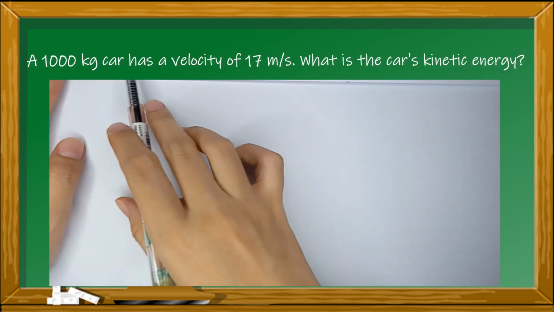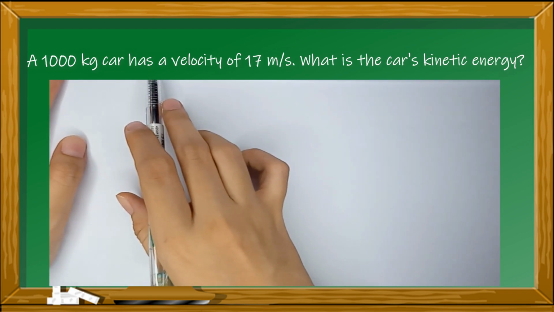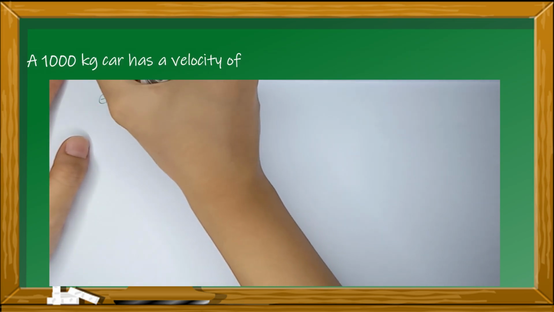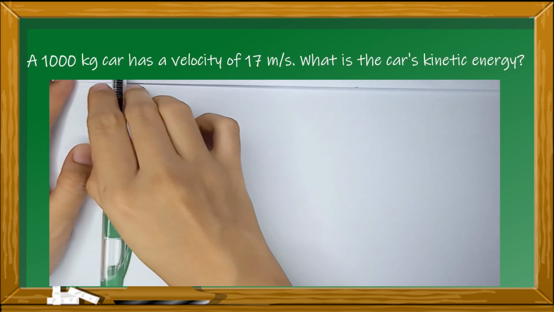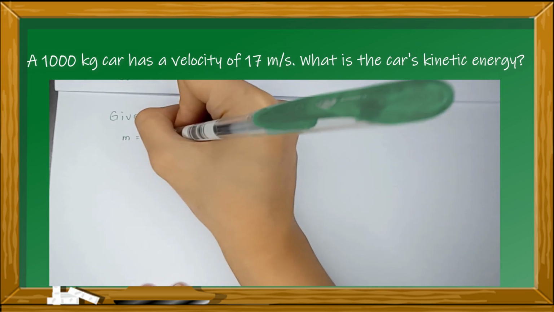Let's try to solve this problem. A 1,000 kilogram car has a velocity of 17 meter per second. What is the car's kinetic energy? First, we will identify the given. The mass of the car is 1,000 kilogram.